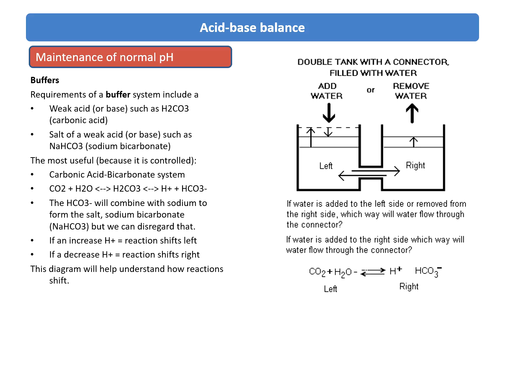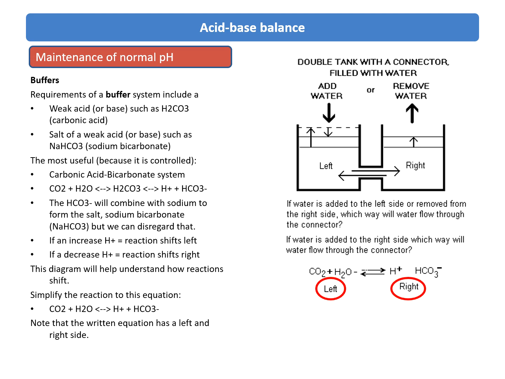Now, that may not be quite intuitive, so for a moment, let's forget chemistry and look at this diagram. Let's simplify the reaction to carbon dioxide and water forming hydrogen ions and bicarbonate ions. Note that the written equation has a left and right side.